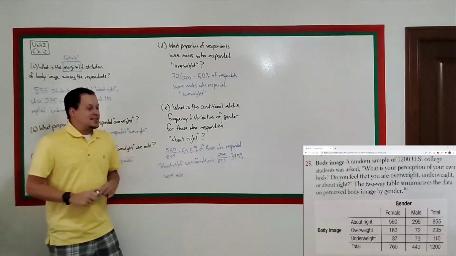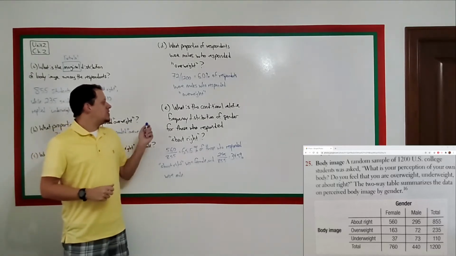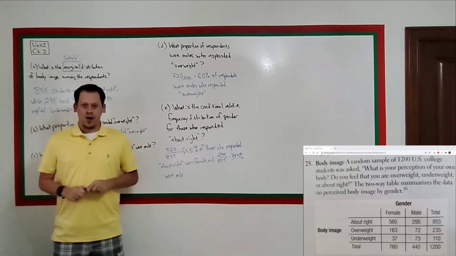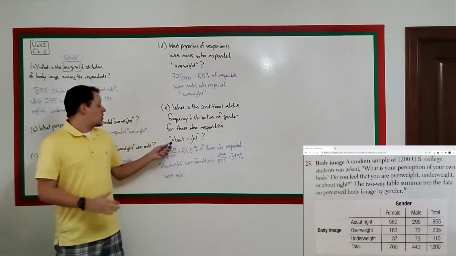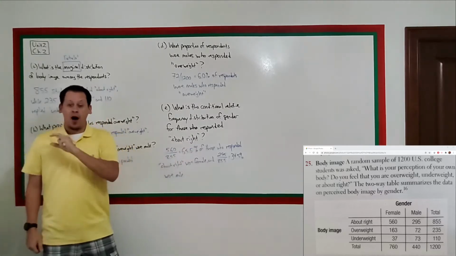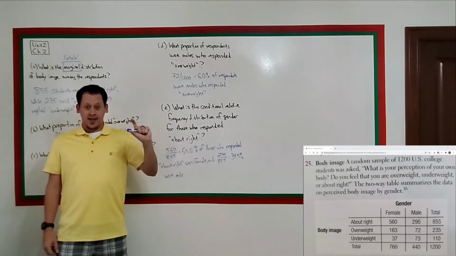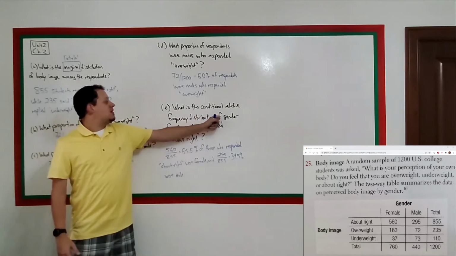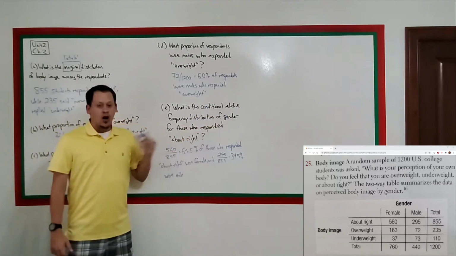For part E, the conditional relative frequency distribution of gender for those who responded about right means we're looking at all the people who responded this way, so we're only looking at the about right row of that table, the top row, and we want to know the distribution of gender conditional on that response.